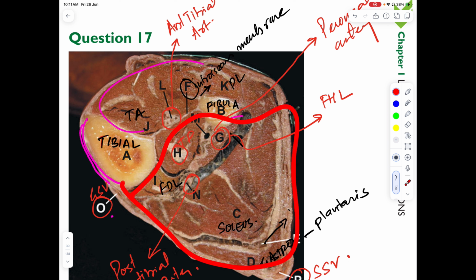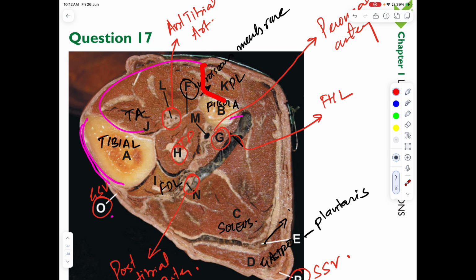Here is the tibialis anterior muscle, and the anterior tibial artery is on it. Then there is the interosseous membrane, and the muscles of the anterior compartment are these. These are the muscles of the lateral compartment: peroneus tertius, peroneus brevis, peroneus longus.